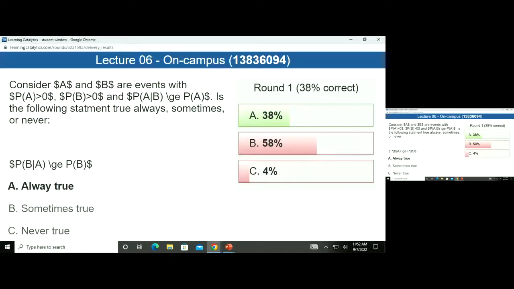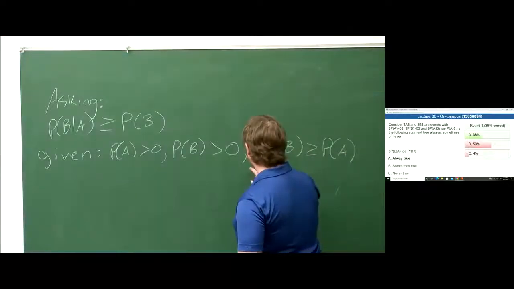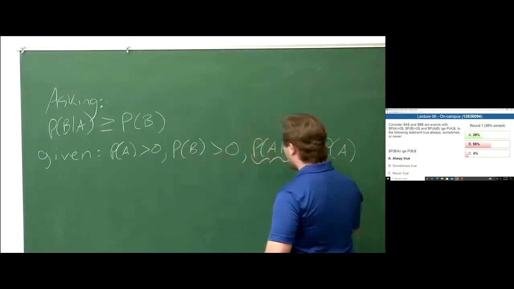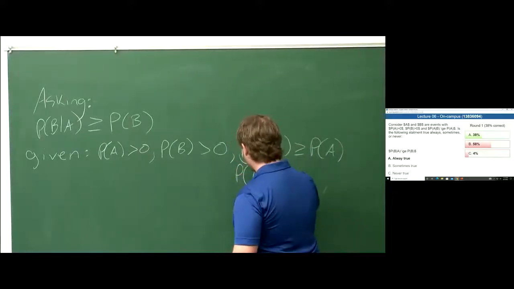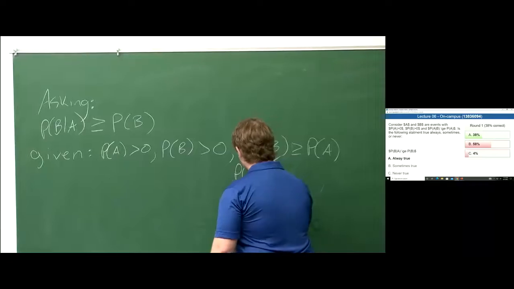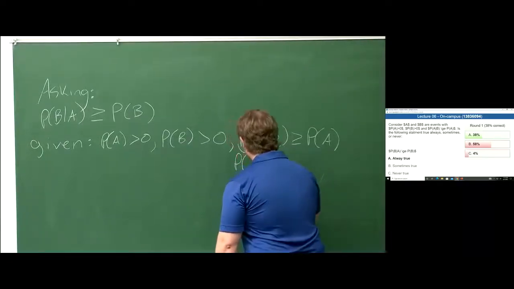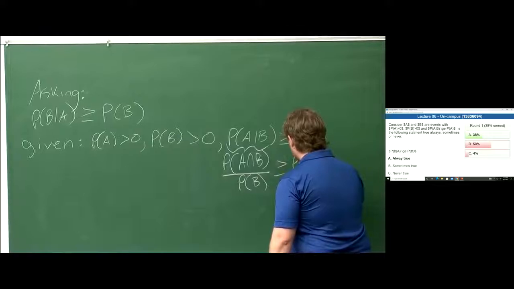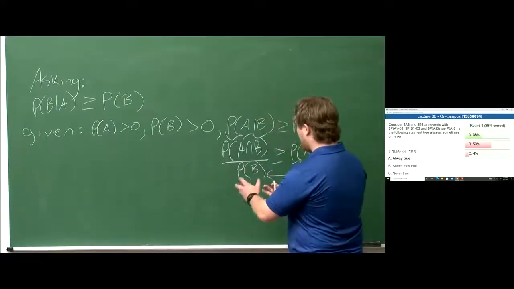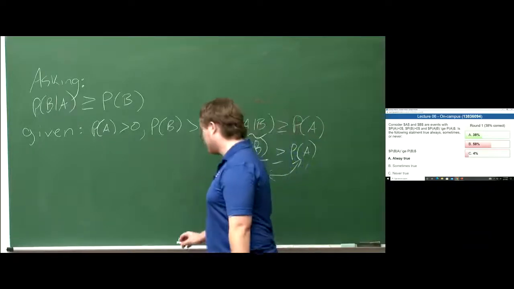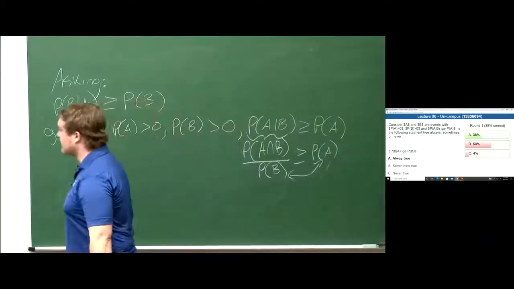And we're given that the probability of A is non-zero and the probability of B is non-zero, and that the probability of A given B is greater than or equal to the probability of A. But what is this? How can we express that? The probability of A and B divided by the probability of B is greater than or equal to the probability of A. And so we can swap these and then turn it back into the expression we want. So yeah, it's always true.